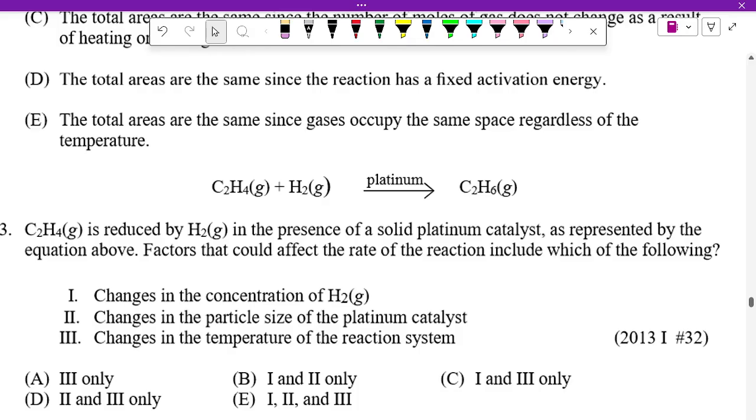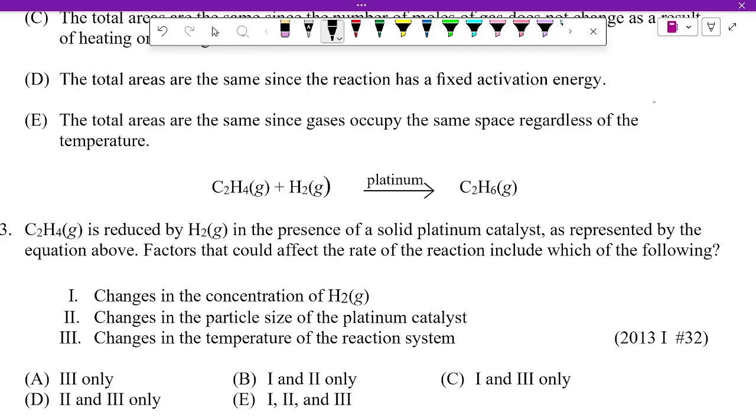Okay, C2H4 is reduced by H2. You don't need to know what reduction is at this point. You can just say, okay, we have this reaction in the presence of a solid platinum catalyst, as represented by the equation above. Factors that could affect the rate of the reaction include which of the following? If we change the concentration of H2, would that affect the rate?